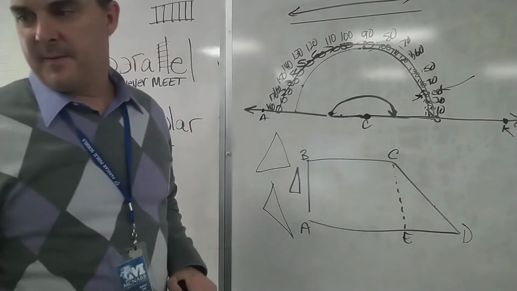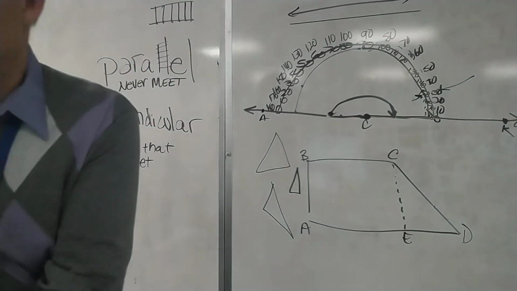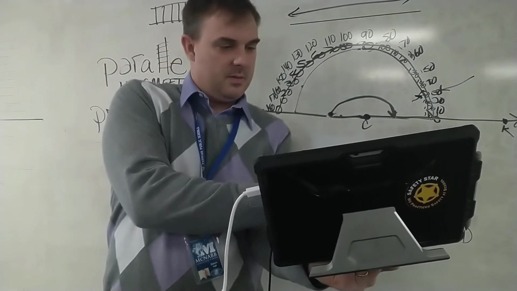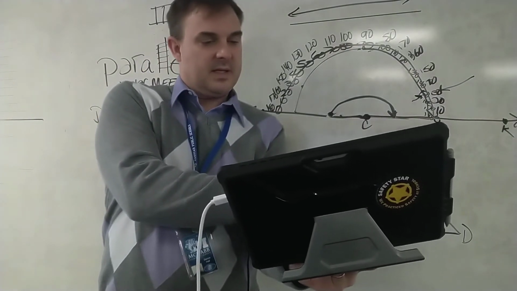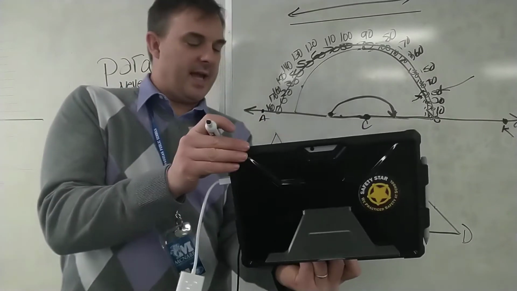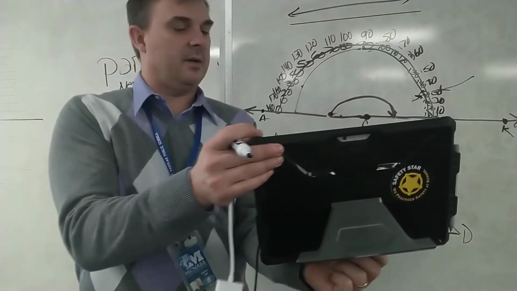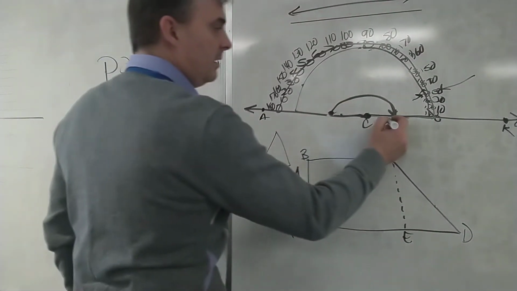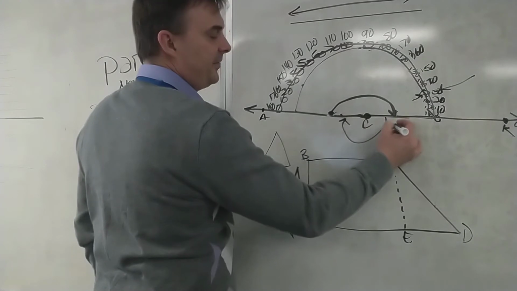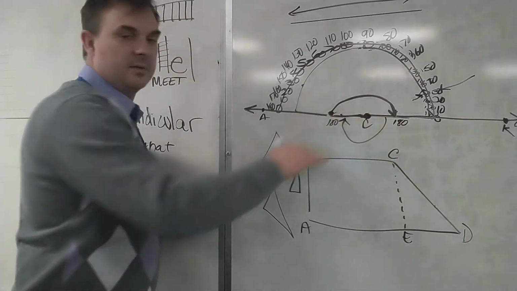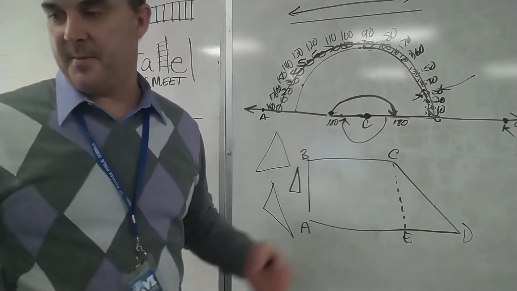Close. Natalie? 180 degrees. Very good. A full circle is 360. So if we take half of 360, that is 180. Add those together, you get 360, right?